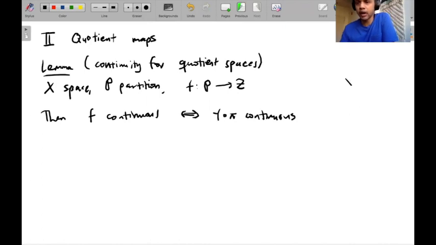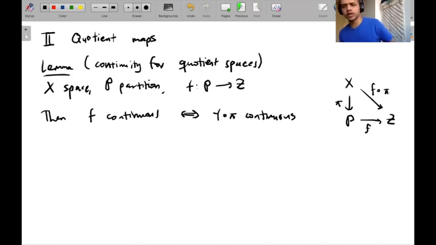We have X, which maps to P by the map pi. We have some map F to Z, and then there's the composition here, F composed with pi. The statement of the lemma is, if you want to check if F is continuous, you can phrase that in terms of continuity of a map defined on X, this composition. And so one is continuous if and only if the other is.